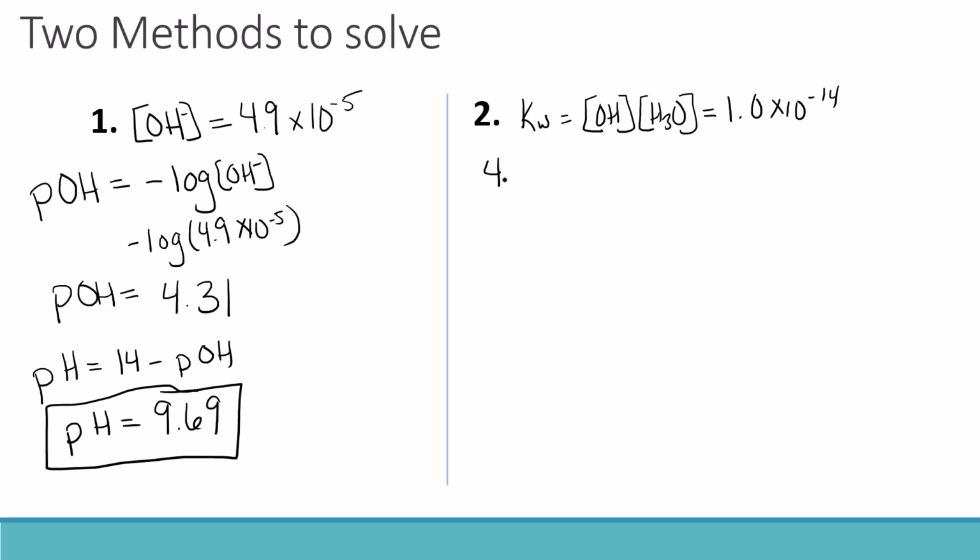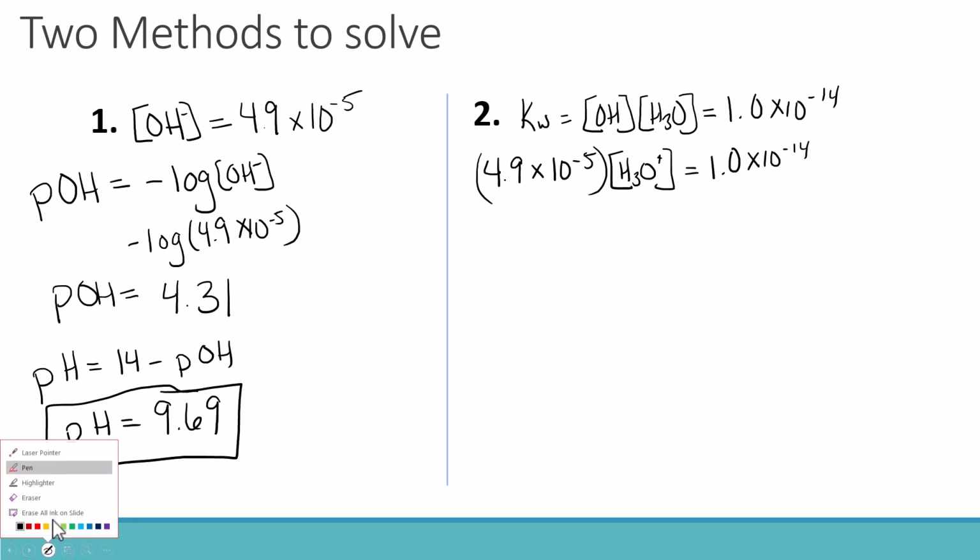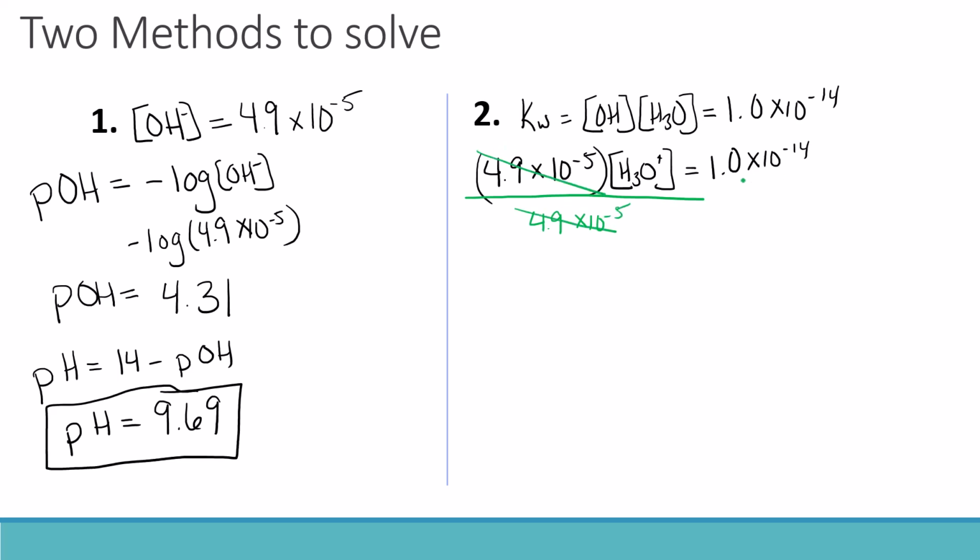So we plug in our hydroxide concentration of 4.9 times 10 to the negative fifth, and we solve for hydronium. So to get hydronium by itself, I'm going to divide by 4.9 times 10 to the negative fifth. Those cancel.